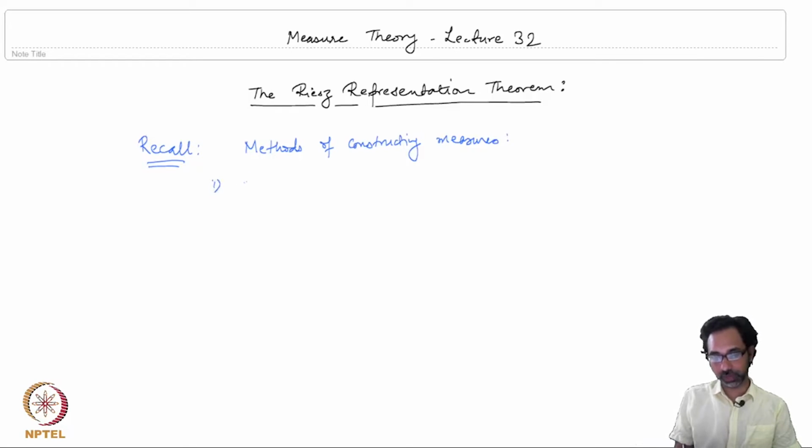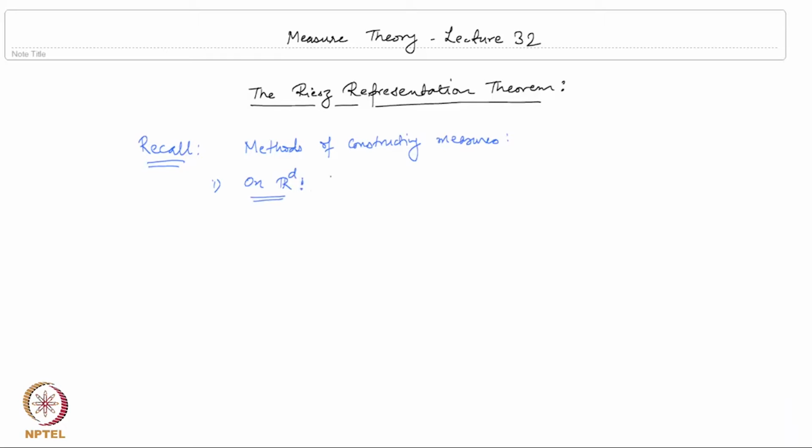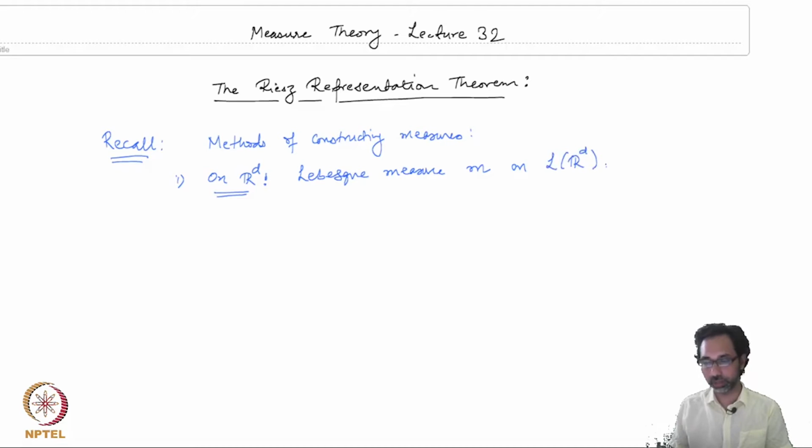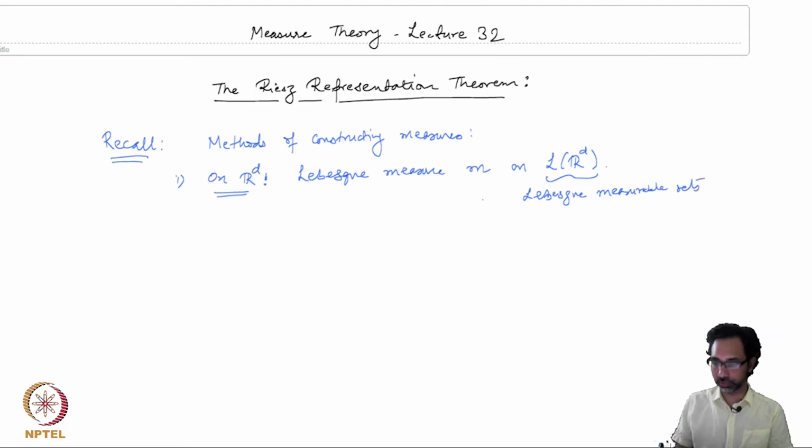First, on R^d, we have seen the Lebesgue measure m defined on the Lebesgue sigma algebra L of R^d. So this is the collection of Lebesgue measurable sets, and this forms a sigma algebra.